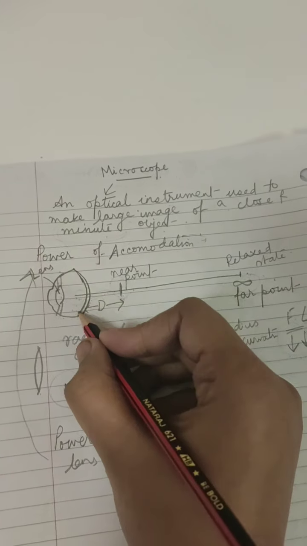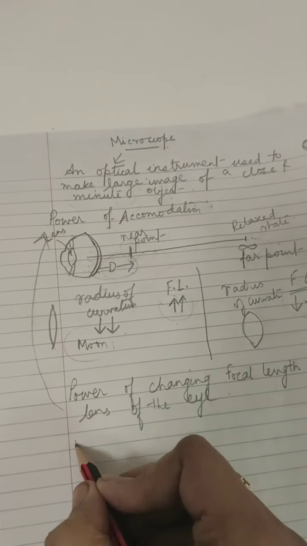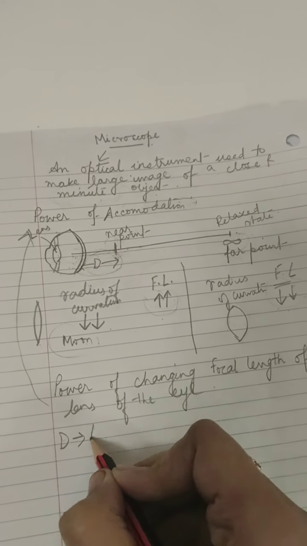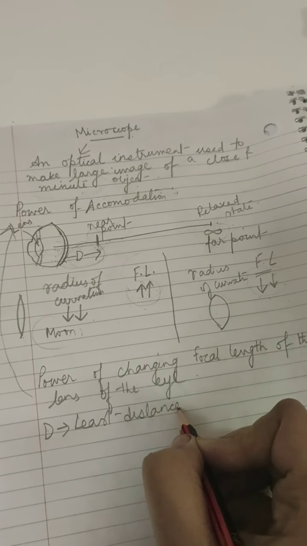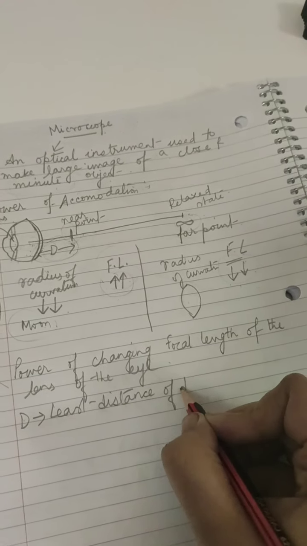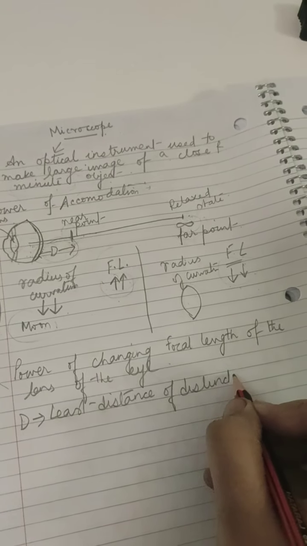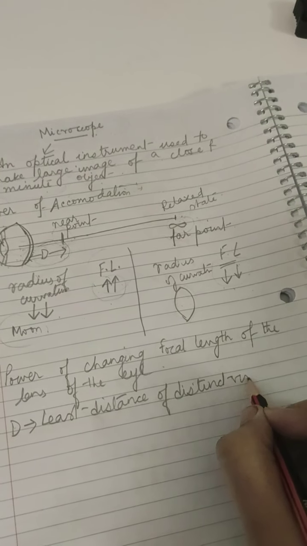Okay, and this distance d is called the least distance of distinct vision. So what is the least distance of distinct vision?